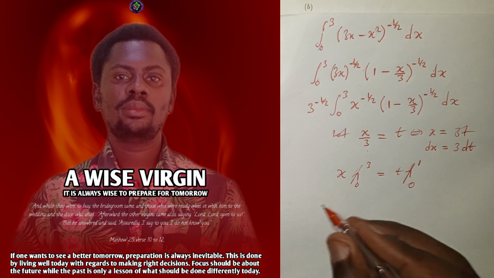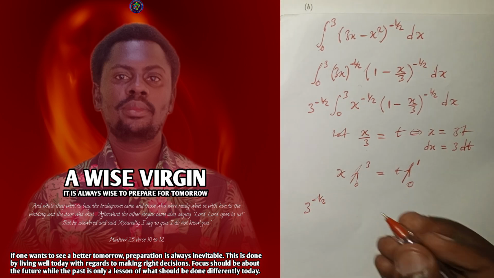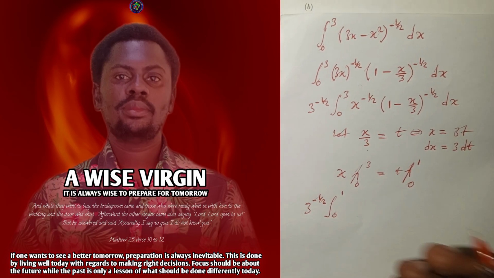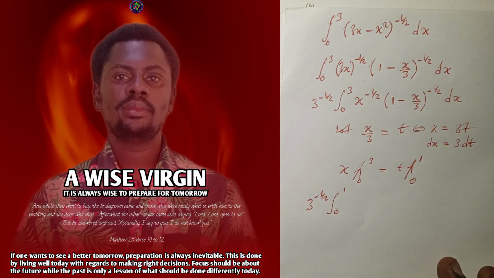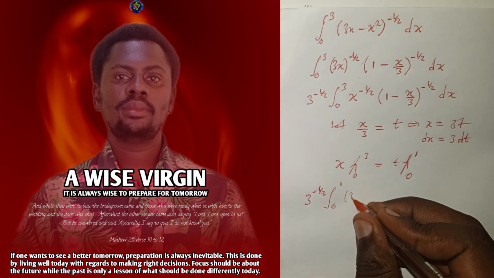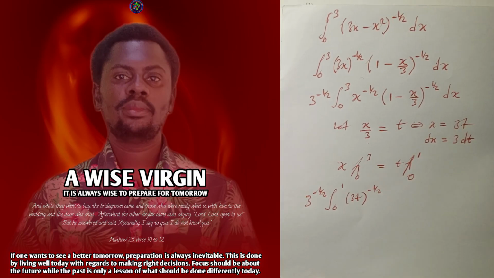Okay, so we have 3 to the power minus 1 over 2, then the integral from 0 to 1. Where there is x, we have 3t, so it is 3t to the power minus 1 over 2.